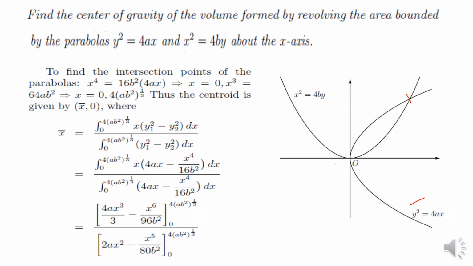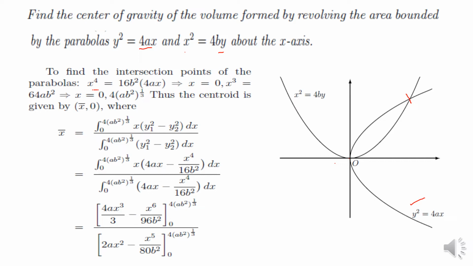So we take x to the power 4 equals (4b) whole squared into y squared. In place of y squared we put 4ax, so it is x to the power 4 minus 64ab squared x equals 0.